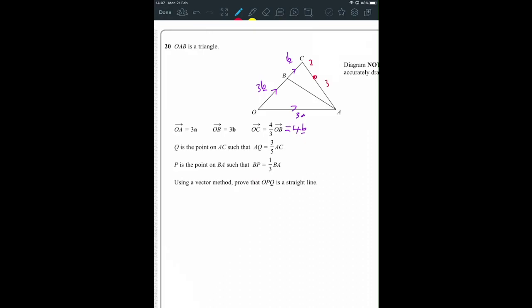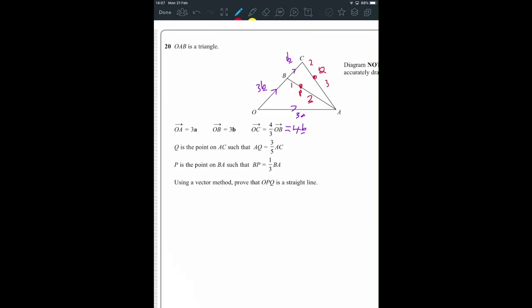And P is on AB, such that B to P is 1/3 of B to A. That's a ratio of 1 to 2. It's slightly easier with vectors, certainly on the picture, to have these ratios. Using a vector method, prove that OPQ is a straight line.